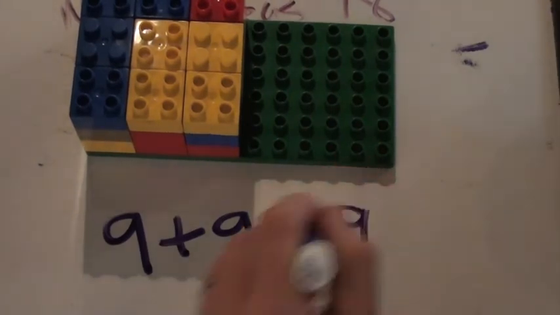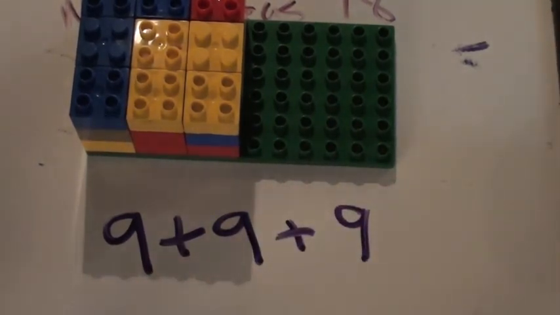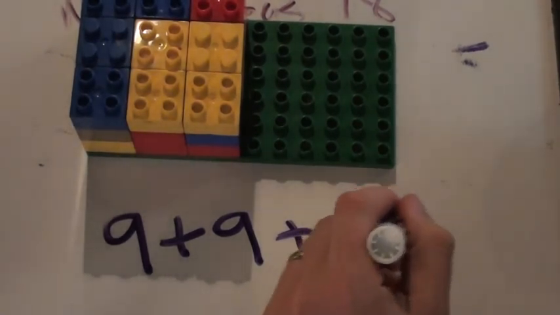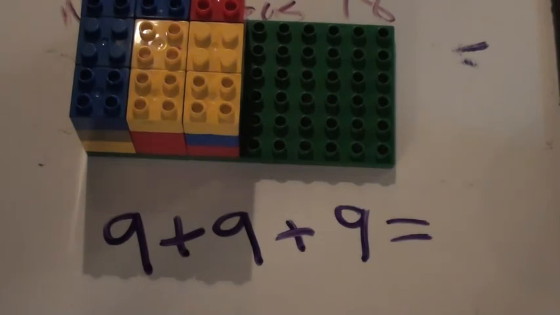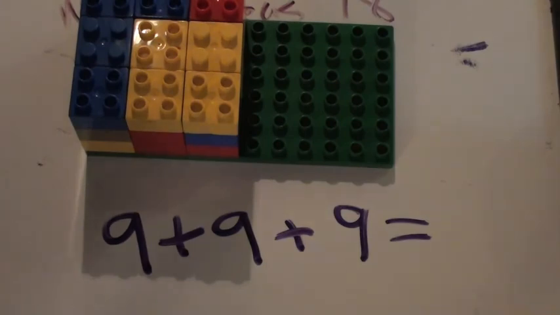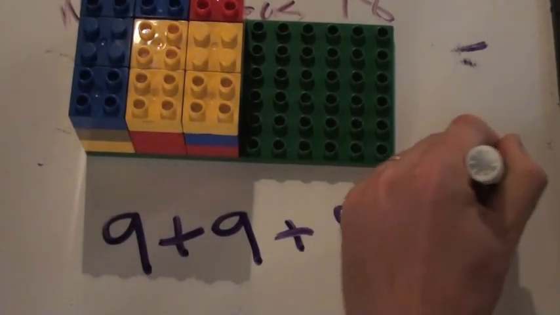And what's 9 plus 9? 9 plus 9 is 18, then we had one more 9. And what's 18 plus 9? 27. 27. Very good.